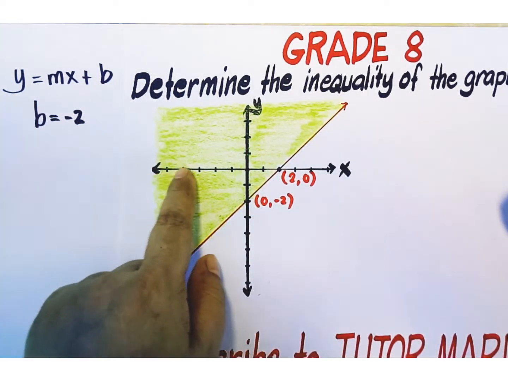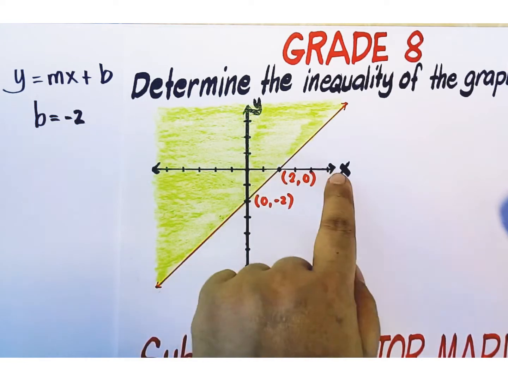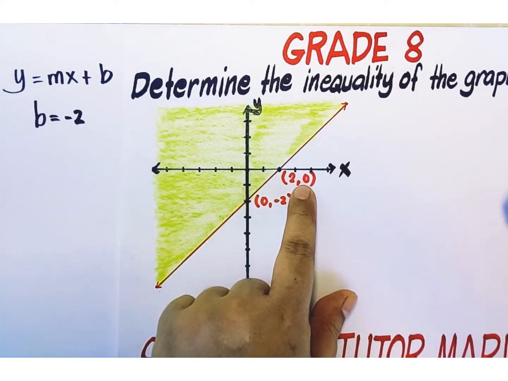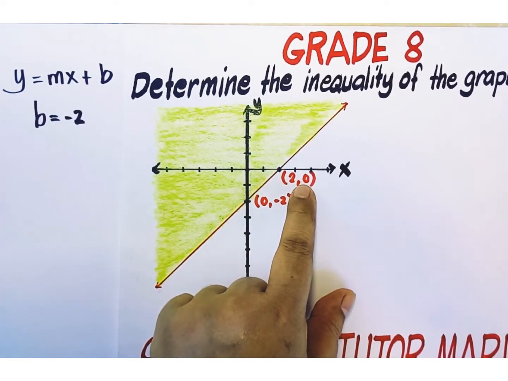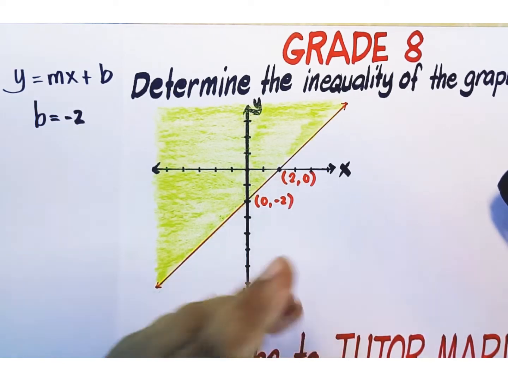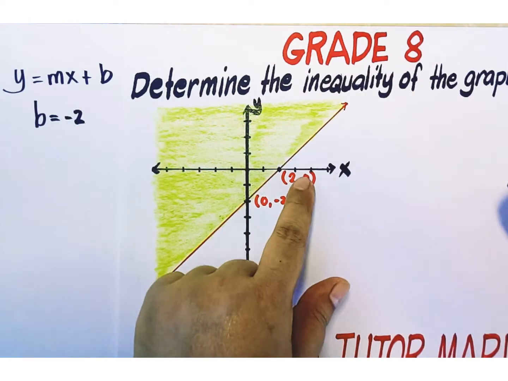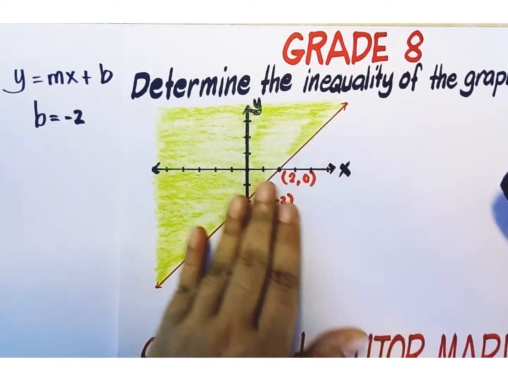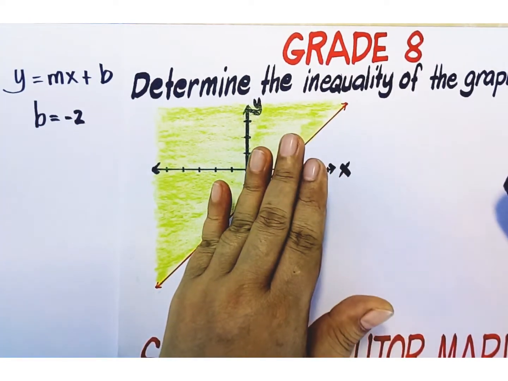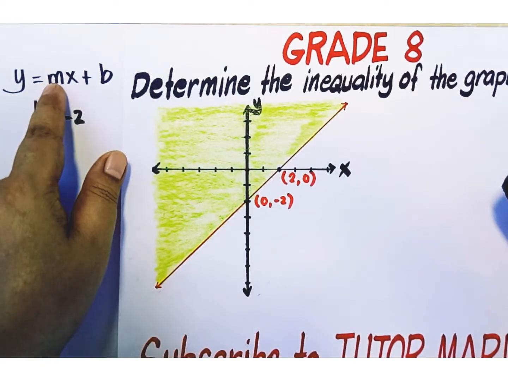Remember that any point on the x-axis always has the y-coordinate equal to 0. That's why when we are solving for the x-intercept of any equation, we always set y to 0. We are going to use these coordinates in solving for the value of m.